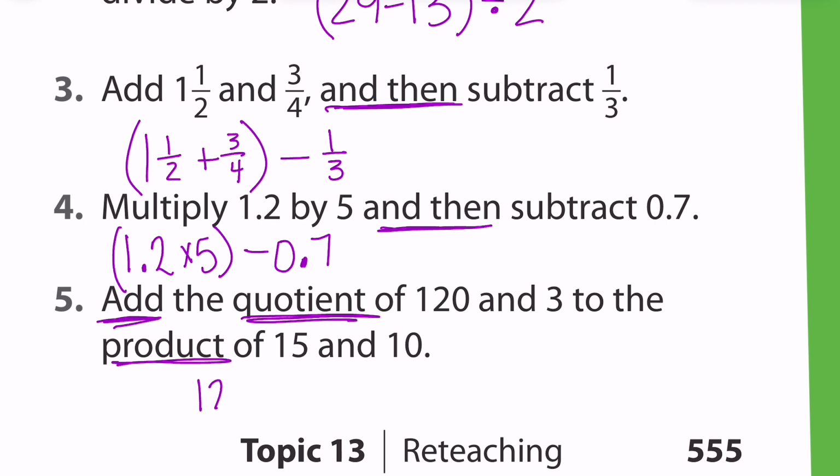So I have 120 divided by 3 in those parentheses, and I'm going to add that to 15 times 10. I'm going to put all that in parentheses. Now, do I have to have those parentheses? No, because I'm going to do the division and the multiplication before I add it anyway. But I know some of you forget that and try to work left to right. So we're going to put those parentheses there to help us.